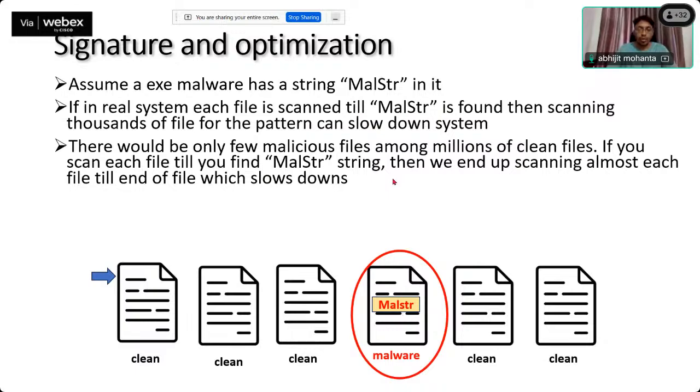If you scan the entire system with this signature, it is going to scan every file from starting to ending. Even if it detects the malware, it will go on scanning all the files. It will scan your entire system. You cannot tell it to stop at this.